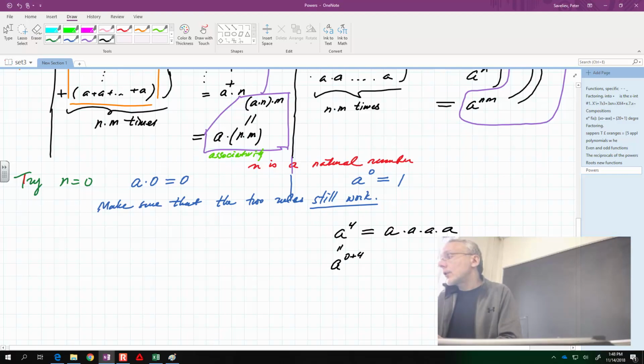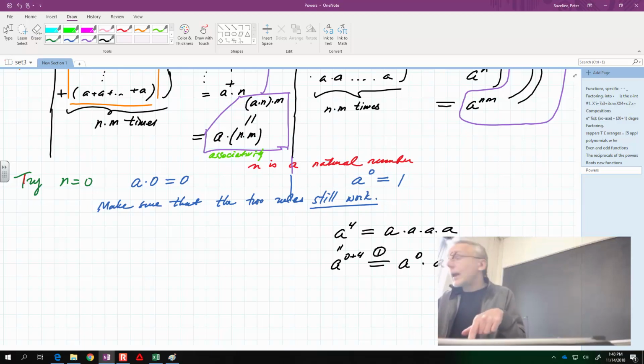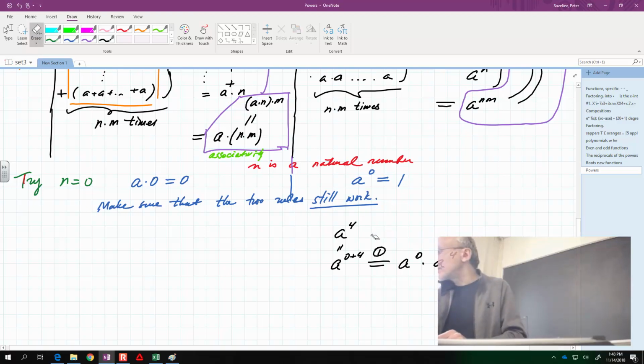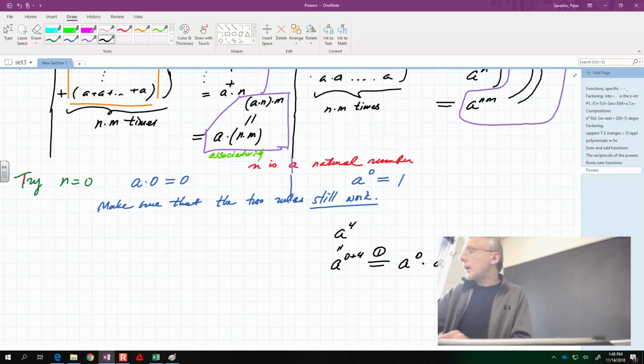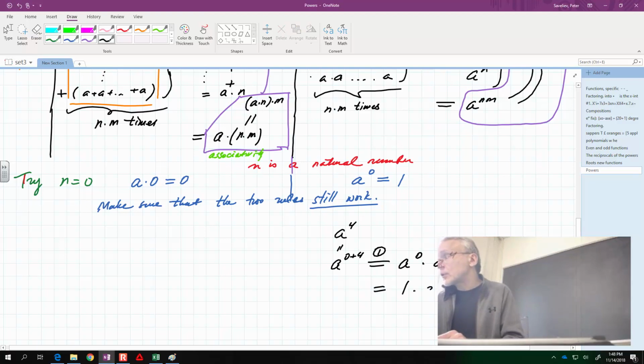Because 4 is equal to 0 plus 4, I use rule number 1, and it's supposed to be equal to a to the 0 times a to the 4. Right? So I'm applying rule 1 in order to confirm that it works. And as you can see, it does work. Because a to the 0 is 1, this is equal to a to the 4.